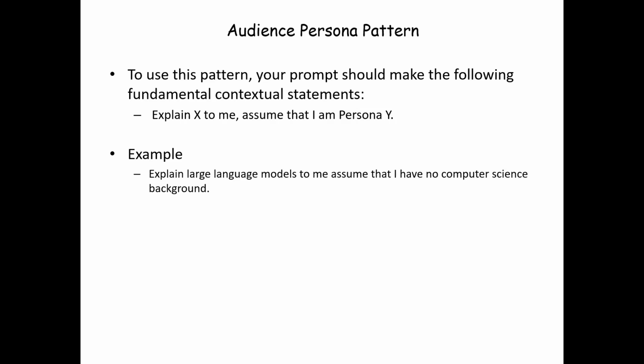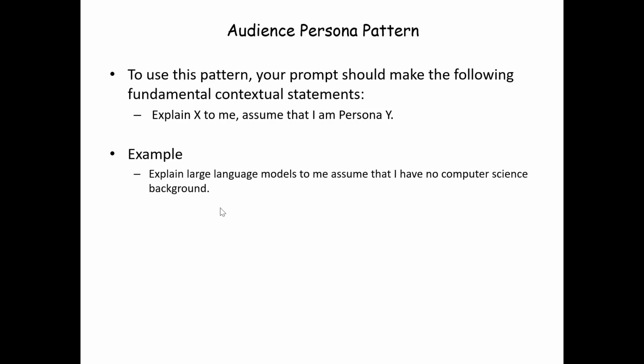Using this pattern, you ask ChatGPT to play the role of an audience. To use the pattern, your prompt should make the following fundamental statement: explain X to me, assume that I am persona Y.